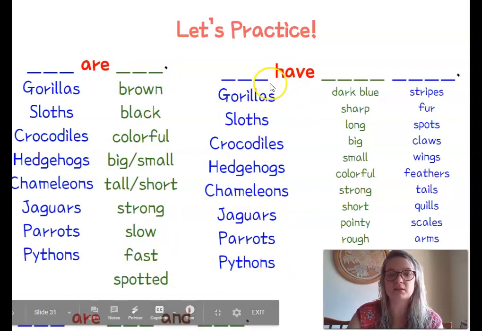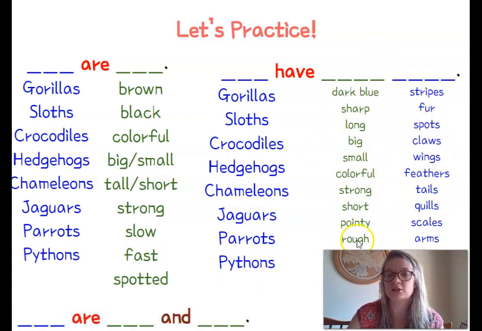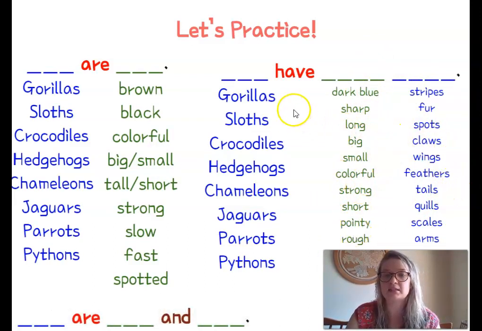Now, let's practice coming up with some sentences to describe the specific body parts of each animal. Remember, in English, we always put the adjective before the noun. Let's see, I could say gorillas have strong arms. Your turn.